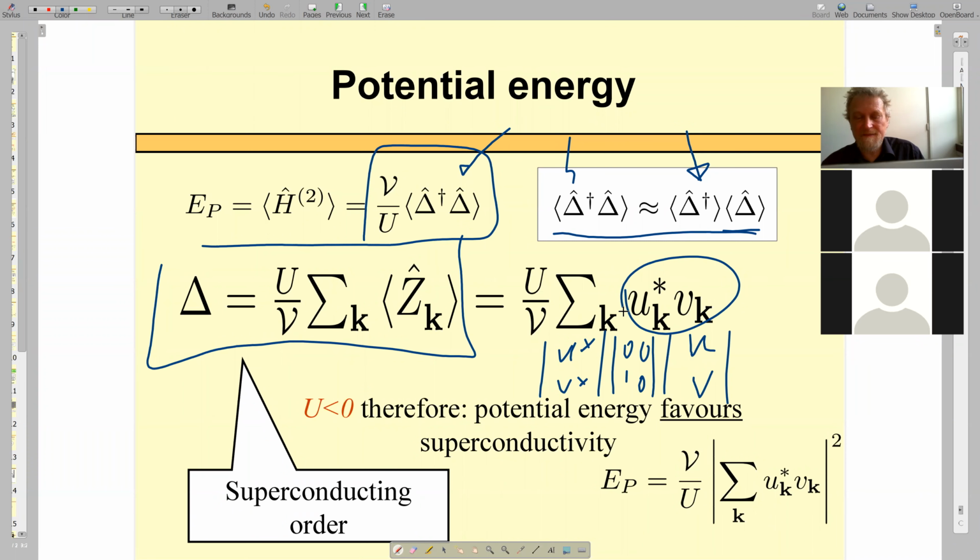It's also nice to notice that U is negative, so the potential energy eventually favors superconductivity. U is negative, it corresponds to attraction of electrons. If they repel each other, that doesn't work. So after all, we have computed the potential energy. Here it is.